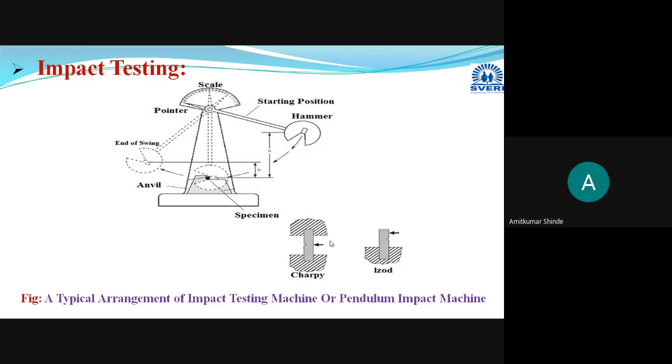Ductile material will fail in a brittle manner, which means the nature of the crack formation will be different. To understand this, you should first understand what the nature of the crack is in a ductile material and in a brittle material. Generally, a brittle material that fails during service will show a crack perpendicular to the loading condition, with a flat surface.